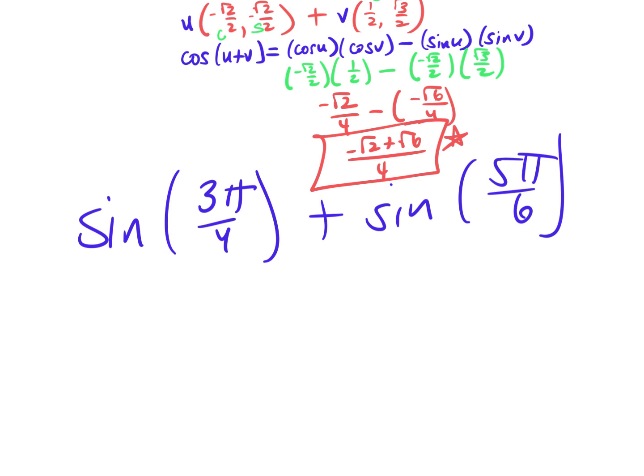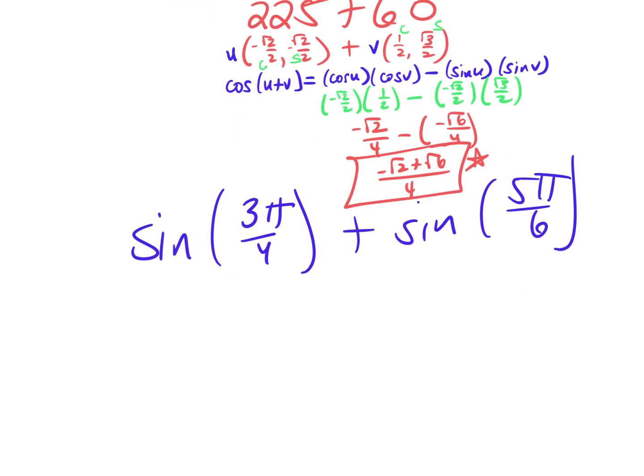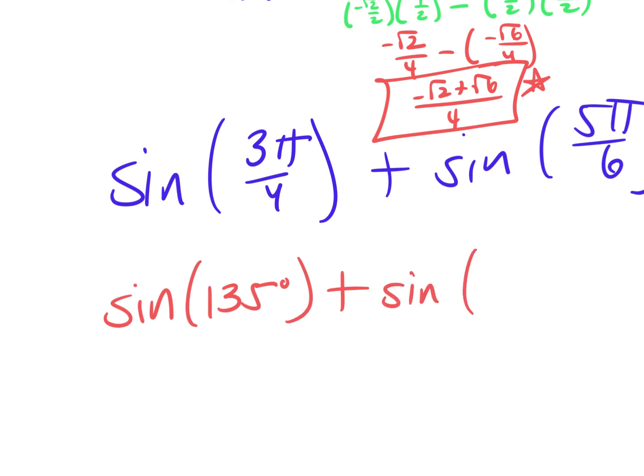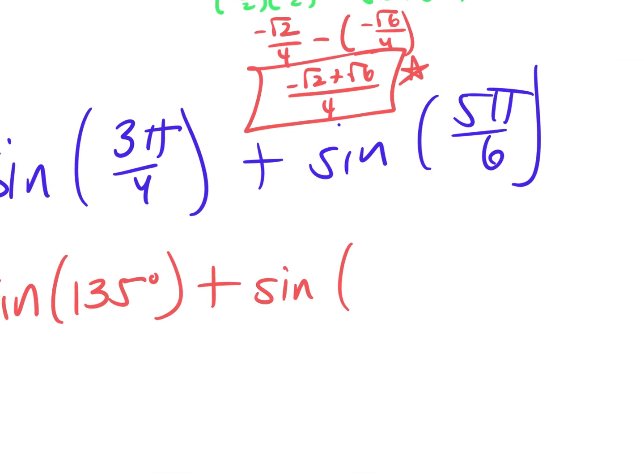Is 3 pi over 4 on the unit circle? It is? What is it? Say it again. Is 5 pi over 6 on the unit circle? What is it? 150? Okay.